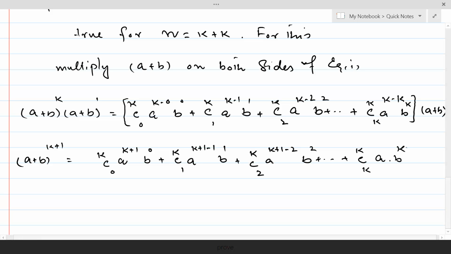Now we are going to multiply with b and then add this into this one.